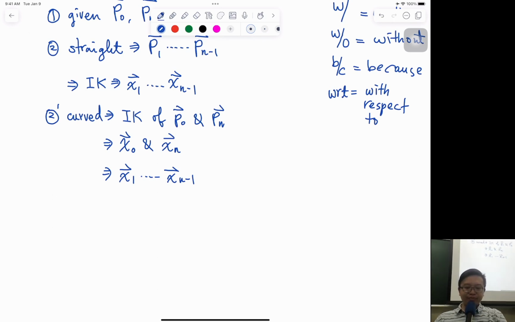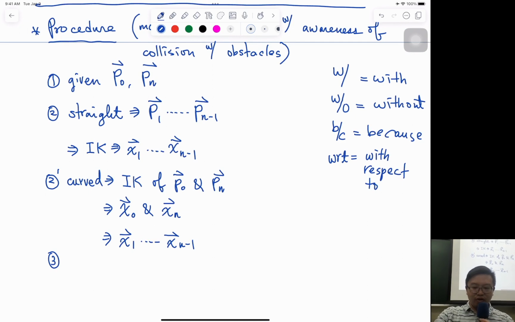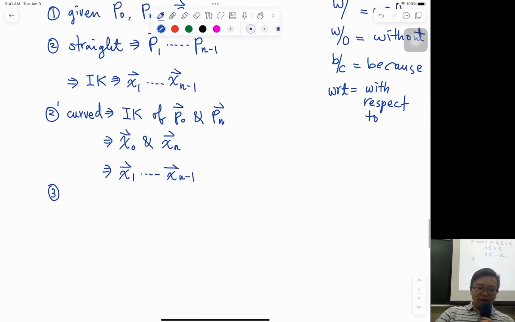Next, of course, you need to know the obstacle. So given Q is the obstacle, right? Given Q. Now, you need to do something like a for loop.